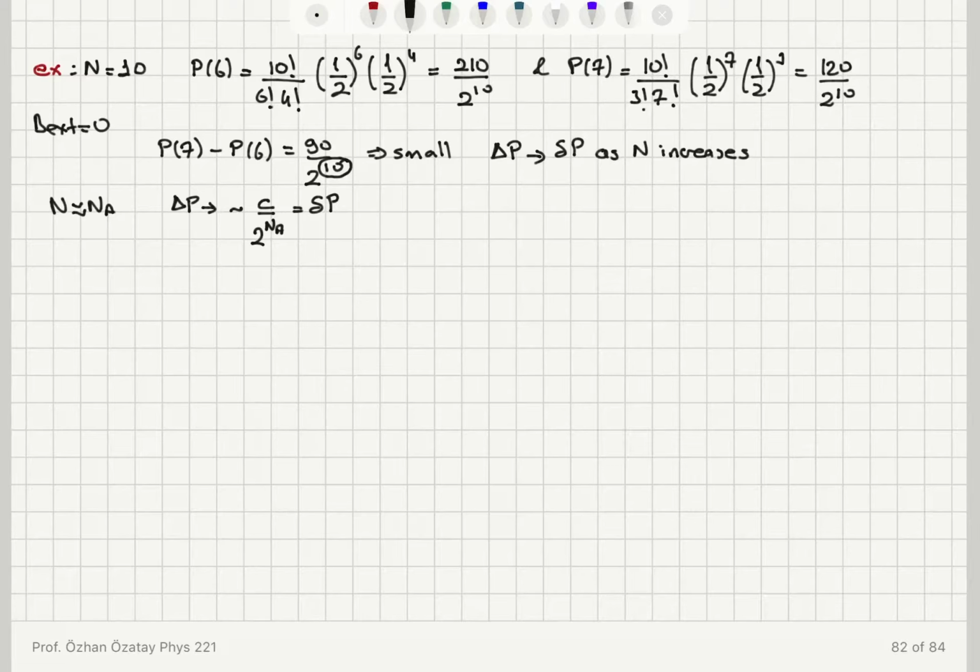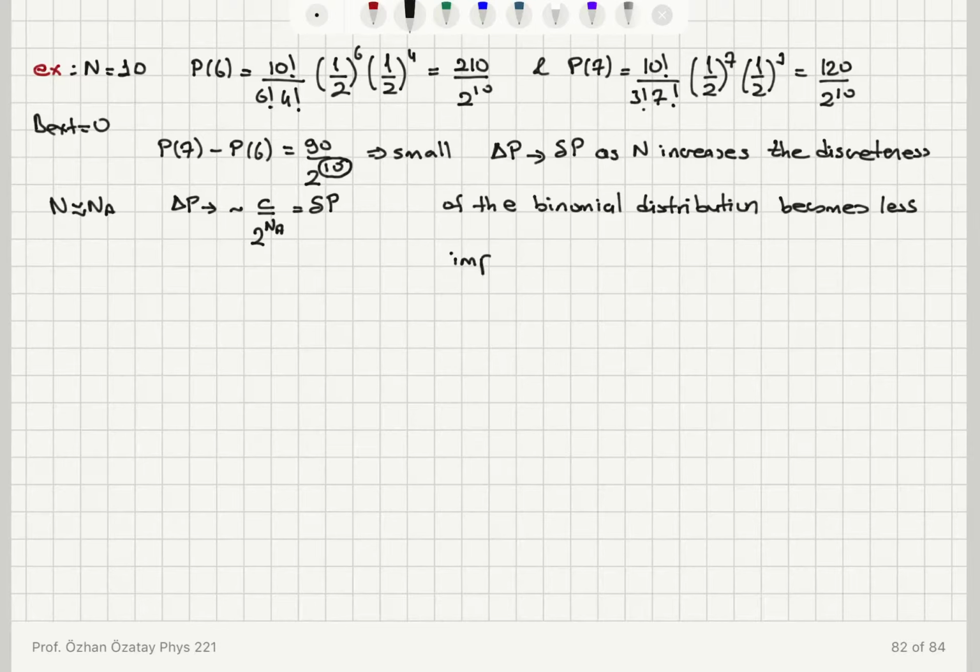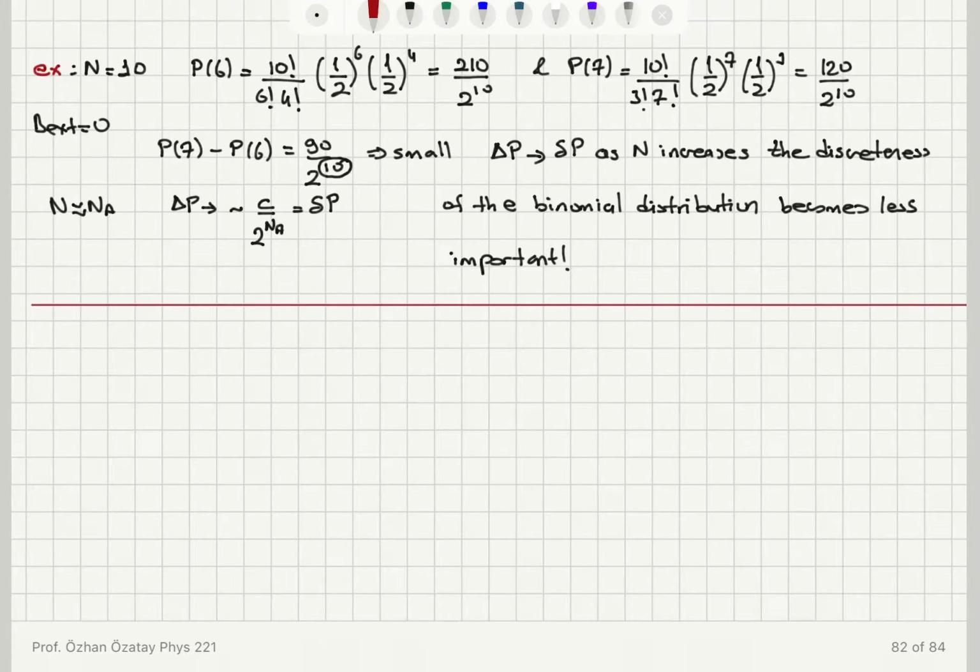So as N increases, the discreteness of this probability distribution, of the binomial distribution in this case, becomes less important. This is an important conclusion that I obtained from this calculation.